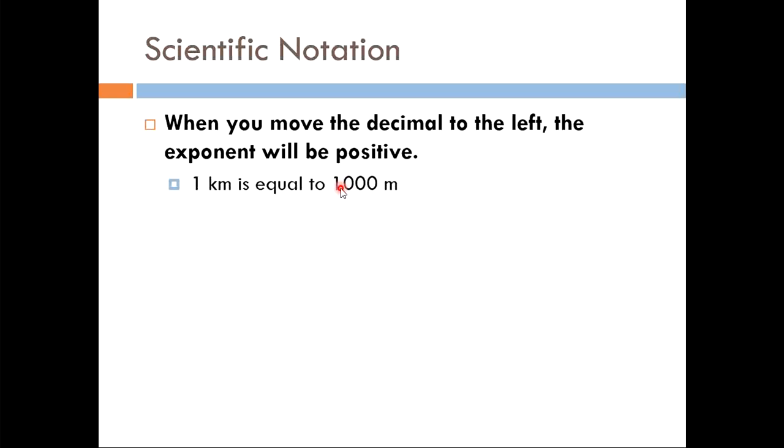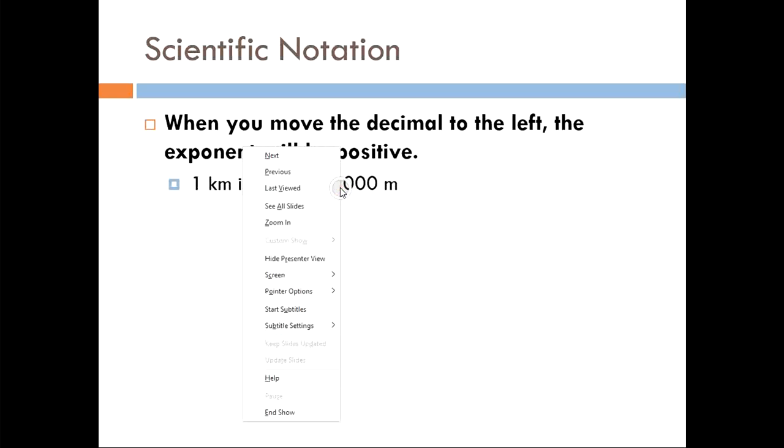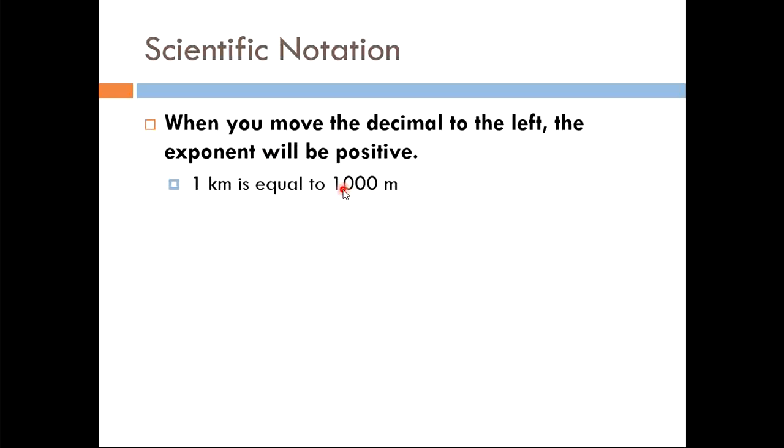One and only one number. Okay? And it has to be a non-zero number. So that means anything greater than 0. So 1 through 9. So again, decimal, move it over to the left. How many times did we move it over? We moved it over 3 times, and that 3 is going to represent our exponent, so we say 1 times 10 to the 3 meters.